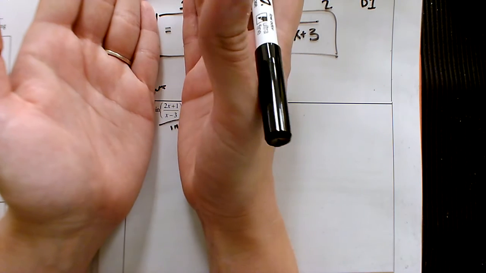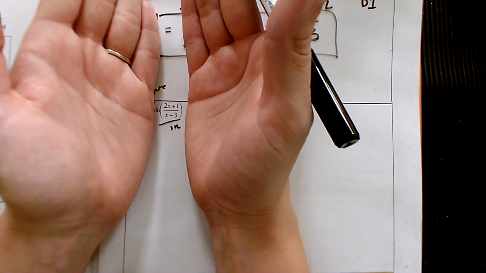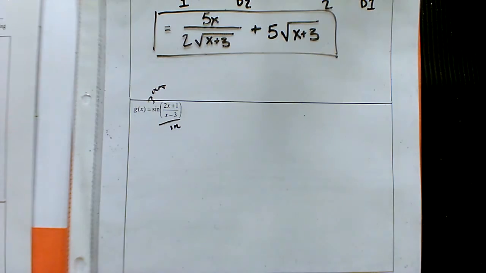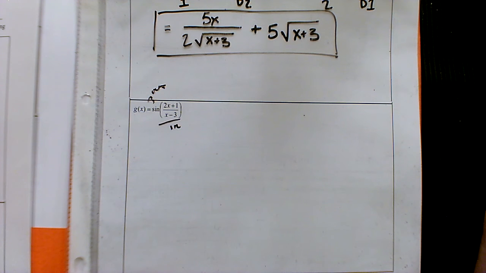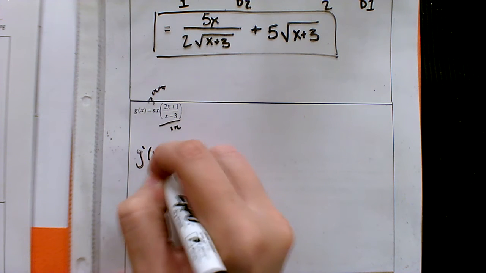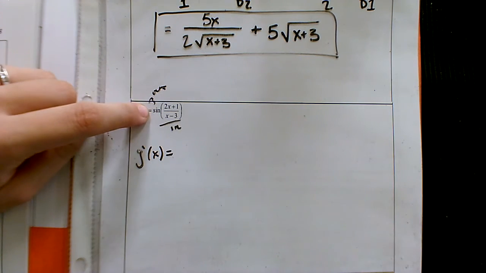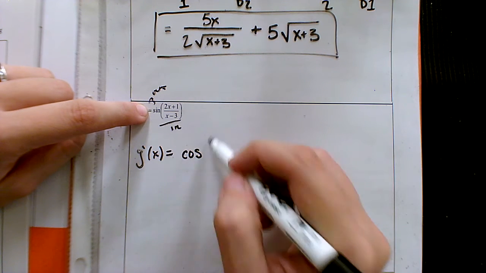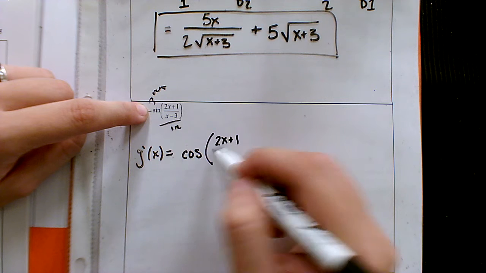Notice how the quotient rule only applies to the fraction part, but the chain rule includes the sine. So we're going to start with chain, but in that process, we may have to use quotient. We have to be careful on how we go through this. Let's start with chain. So we need the derivative of the outside, which would be cosine. We're going to keep the inside.